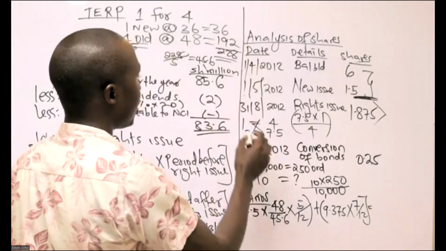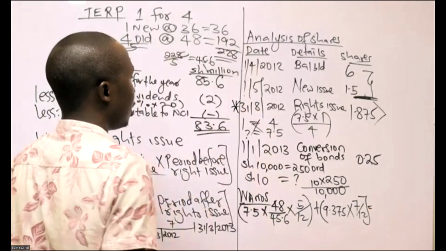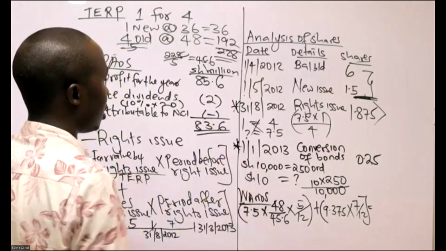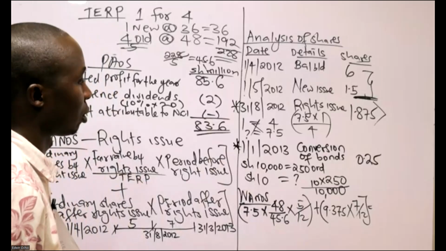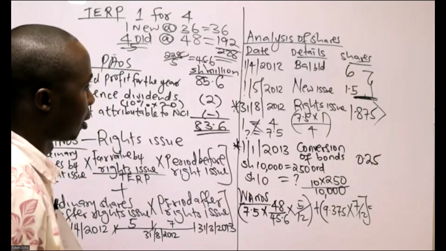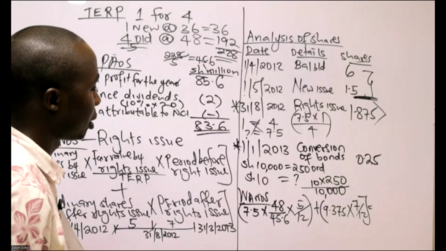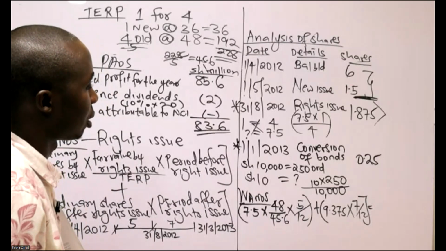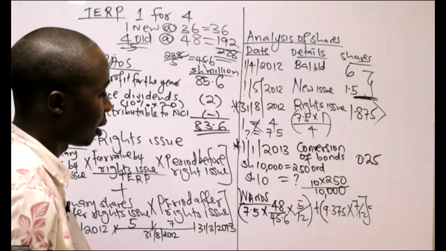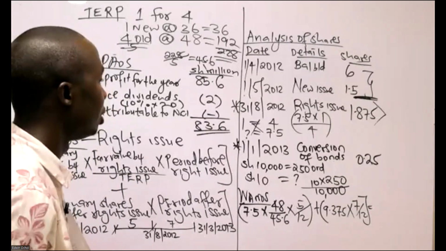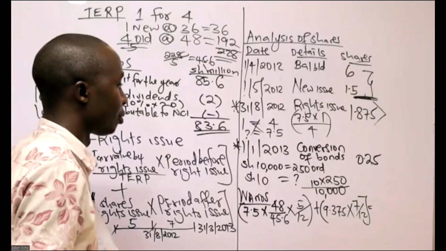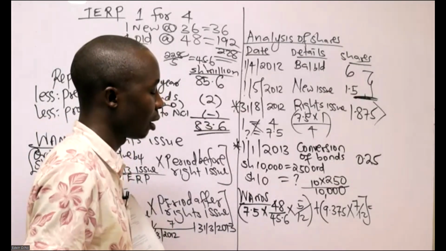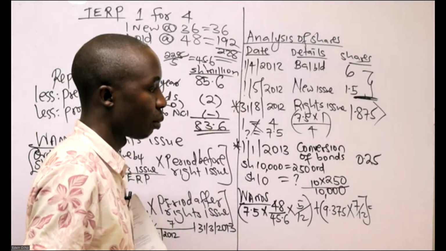But remember, there's something here. There's this bond which was converted to ordinary shares. Even if it has not been incorporated in our formula, remember that there are shares which were there in that relevant year. They arise due to the conversion of the bond. So when we have shares, you have to compute for them. What are you supposed to do?